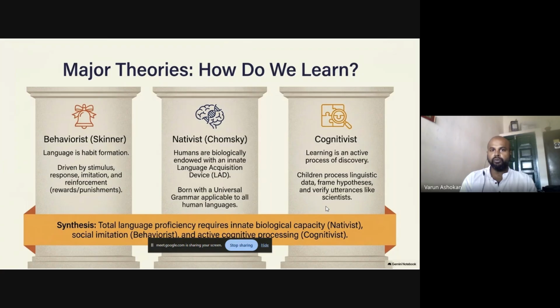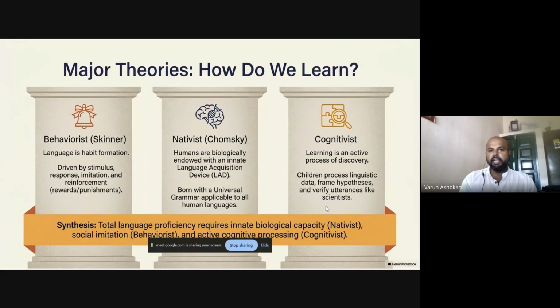Language is learned through imitation. Language is learned through stimulus and response, with punishment and reward, positive reinforcement and negative reinforcement. So it completely speaks about language formation.